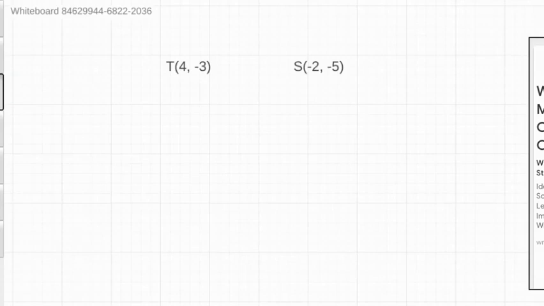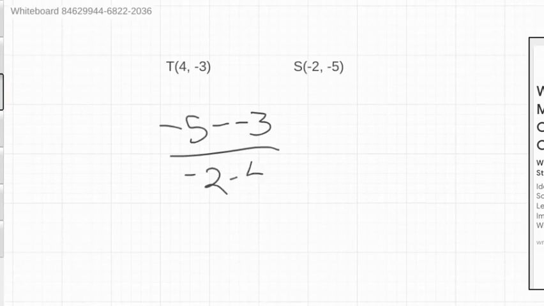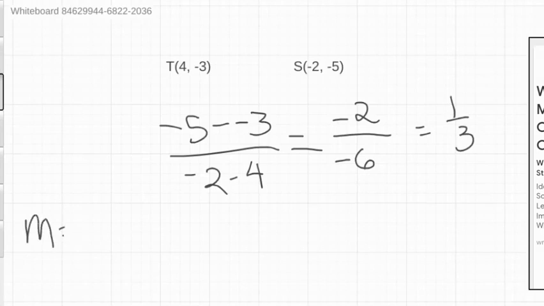So we have to find the slope first and then find the perpendicular and parallel slope. So the way we do this is we do negative 5 minus negative 3 over negative 2 minus 4. That would give us negative 2 over negative 6. And then we can simplify to get 1 over 3. So m, which is our regular slope, is 1 over 3.